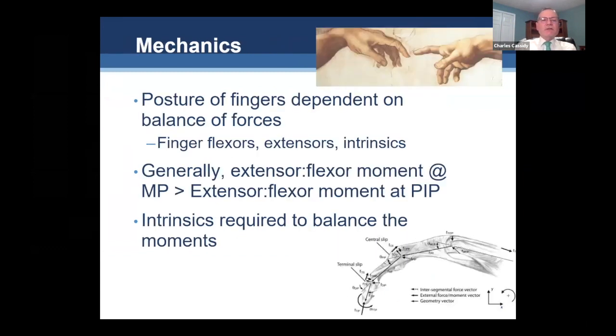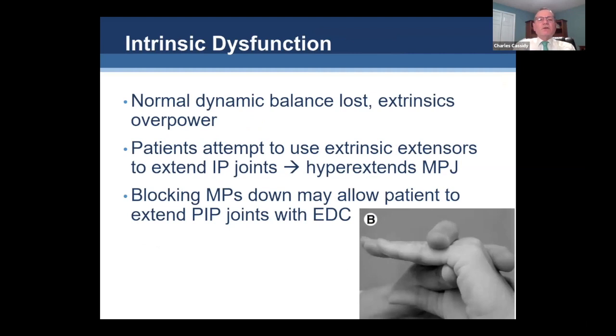So again, the posture of the fingers is dependent on the balance of forces, including the flexors, extensors, and intrinsics. Generally, the extensor to flexor moment at the MP joint is greater than the extensor to flexor moment at the PIP joint, and the intrinsics are required to balance that. So with intrinsic dysfunction, normal dynamic balance is lost and the extrinsics overpower.